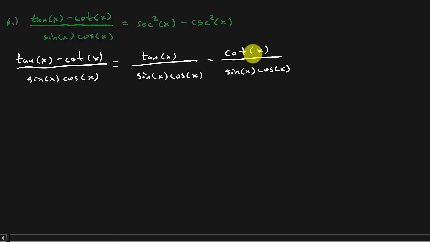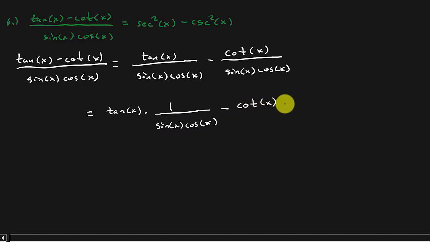But before I do that, let's write this as tangent x times 1 over sine x cosine x, and then minus cotangent x times 1 over sine x cosine x. How about we do that?